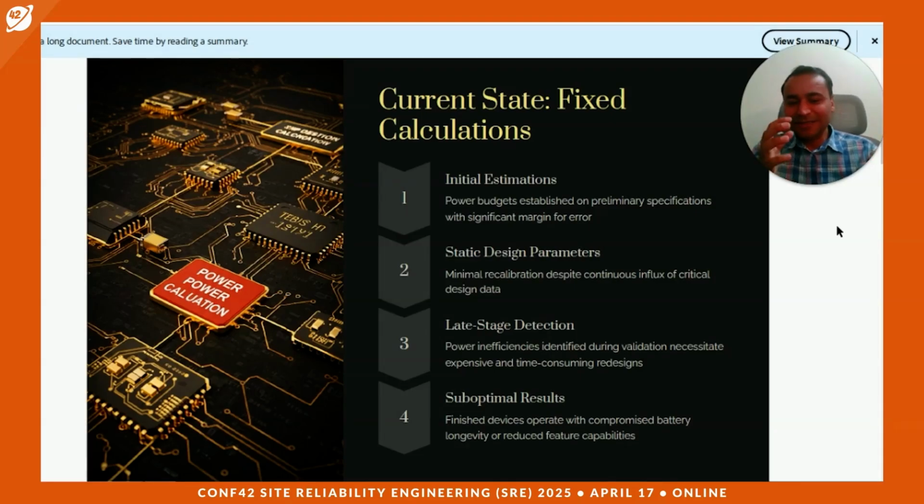All these things mixed and matched result in suboptimal designs, which can have higher power consumption and lower performance, and at the same time, the battery may be draining really fast. So all these things are in the current state of chip design.